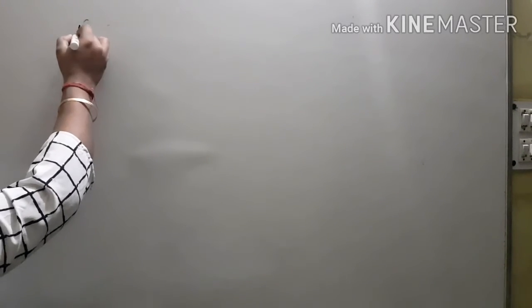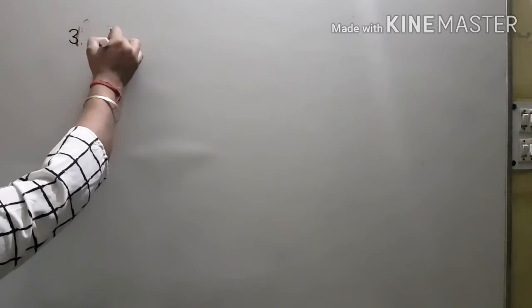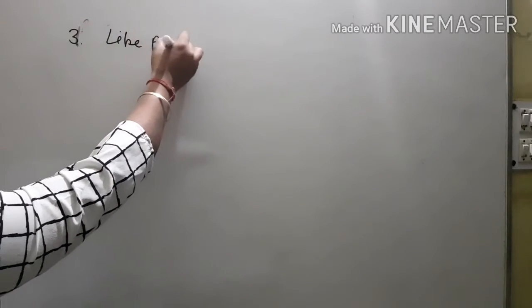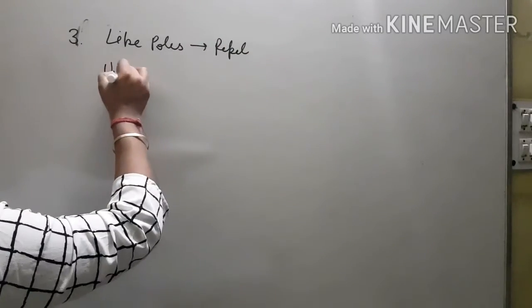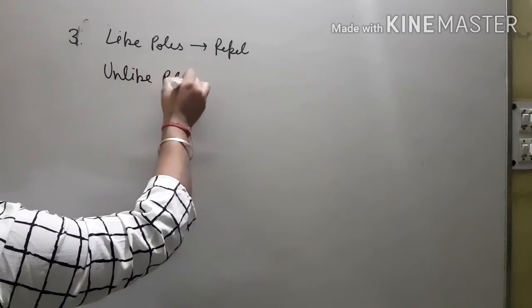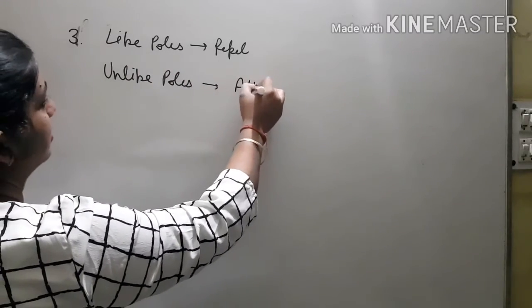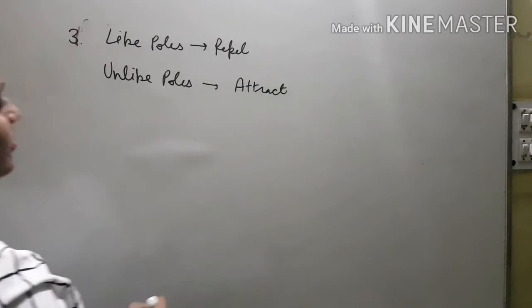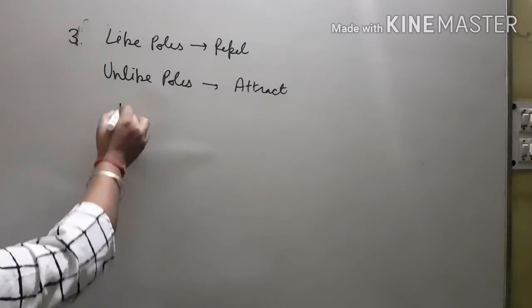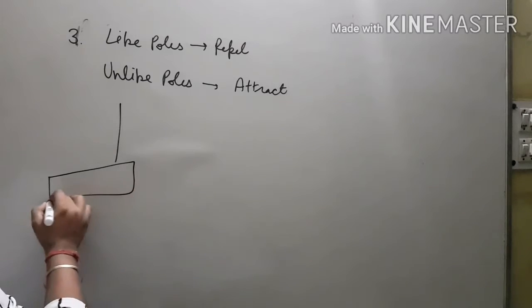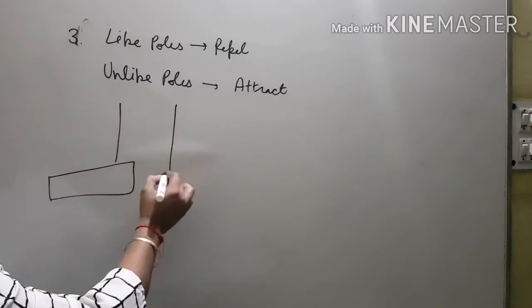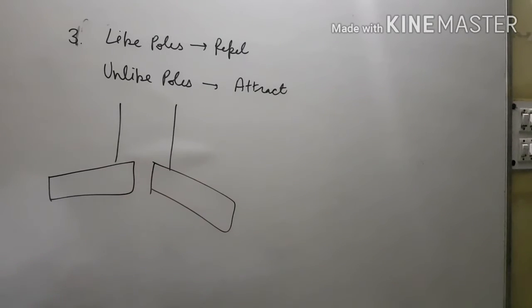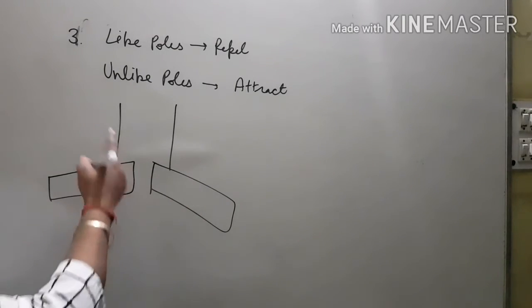Next property is that like poles repel each other and unlike poles attract each other. If we suspend two magnets by thread and bring them closer to each other, we can see this.